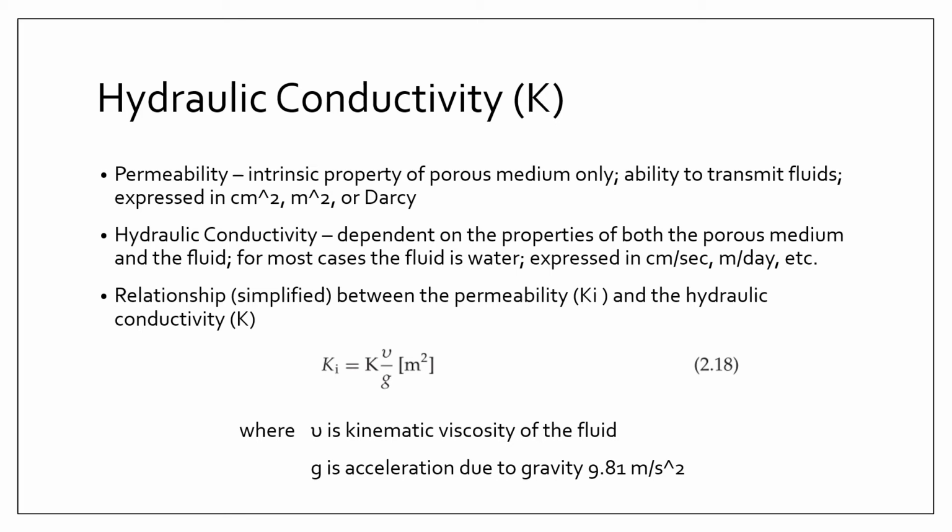Permeability is like a number that represents the interconnected surface areas within the grains of your soil or rock. So the more surface area that is interconnected, the more pathways for flow you have.